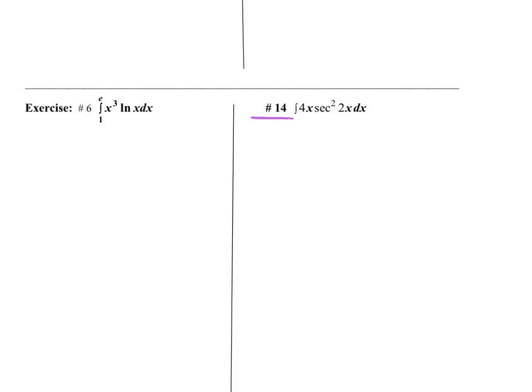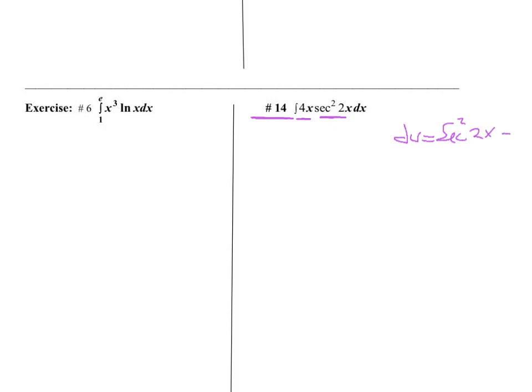Number 14, we have an x times secant square. Now, secant square is a big function, but it is easy to integrate. So, we are going to take it here as dv.